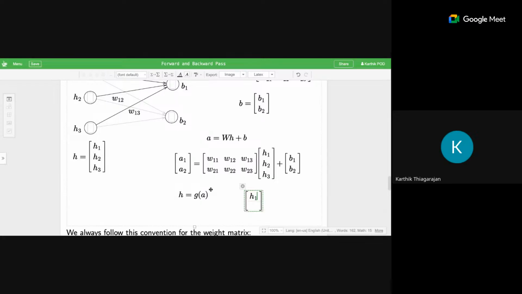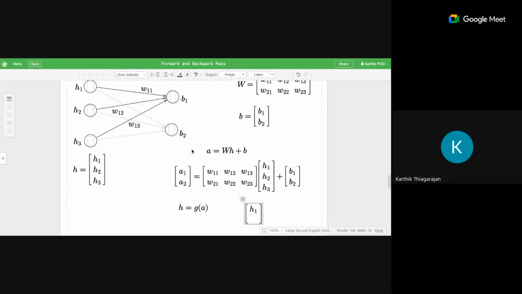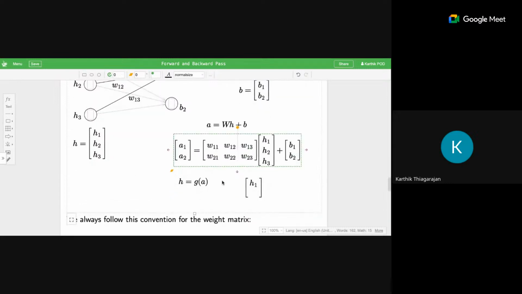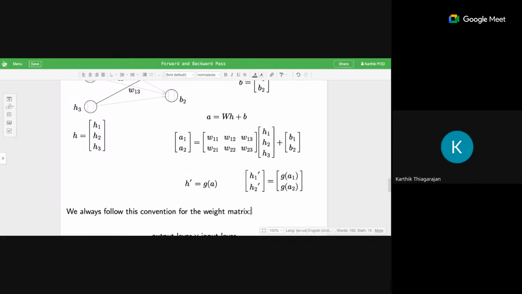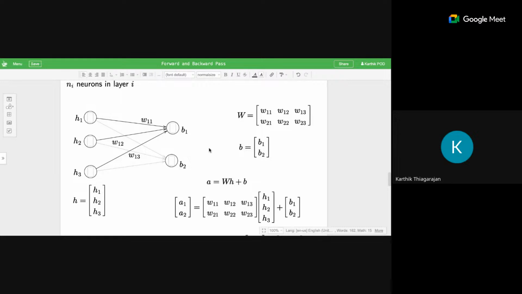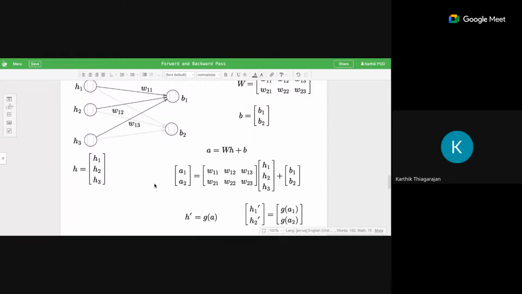Always remember that the dimension of A and dimension of H is the same in a given layer. This is applied element wise, meaning this is G of A1, G of A2. If this is confusing, let me call this H prime. It refers to the next layer. So that is the feed forward equation for connecting one layer to the other. So is this fine with everyone so far?